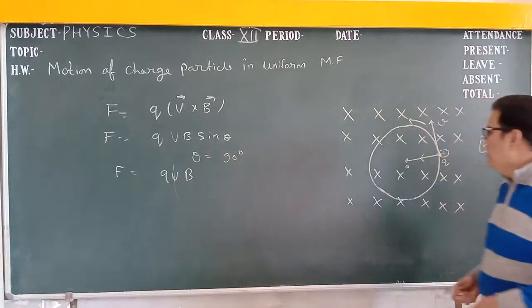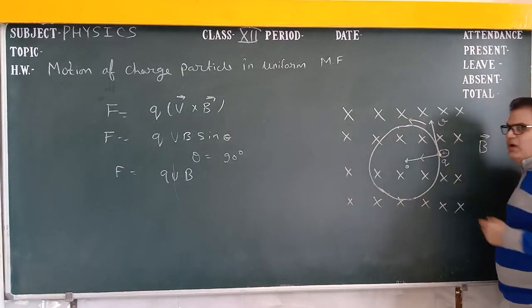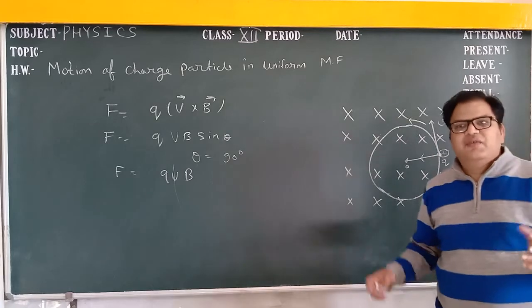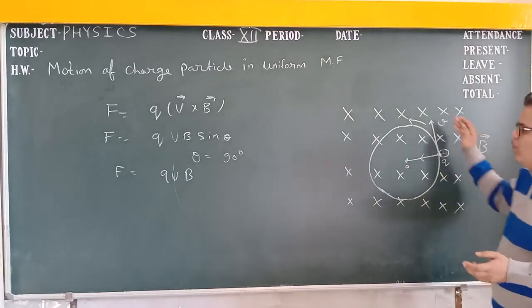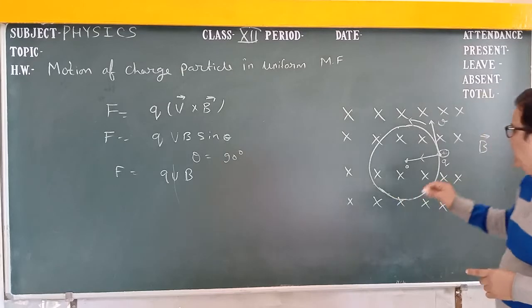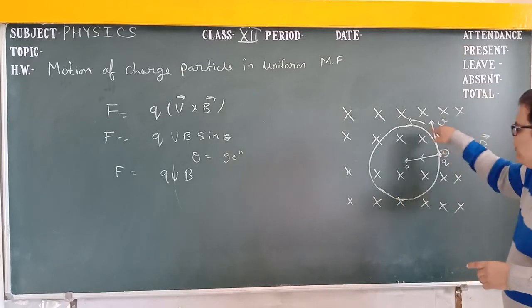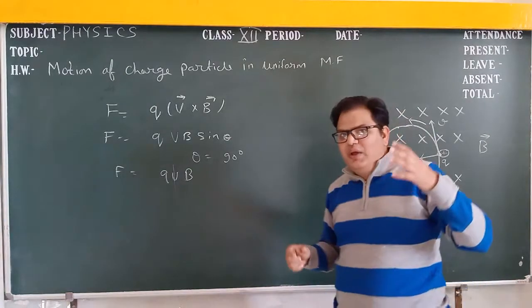Just look here. This is a plus Q charge moving in a uniform magnetic field. The magnetic field is shown going into the paper.